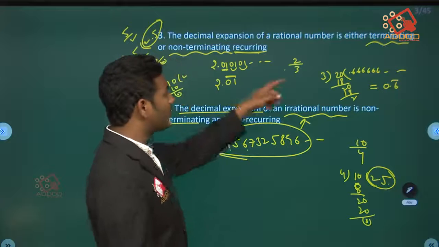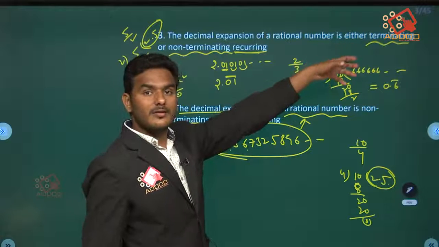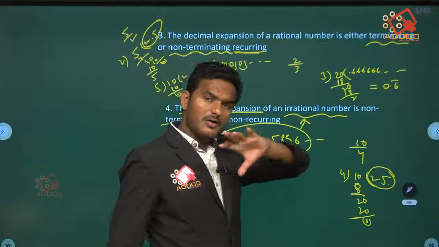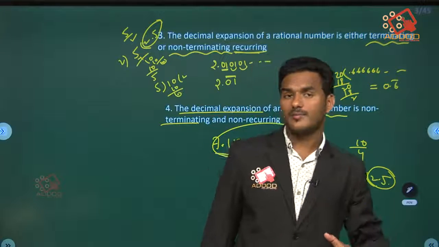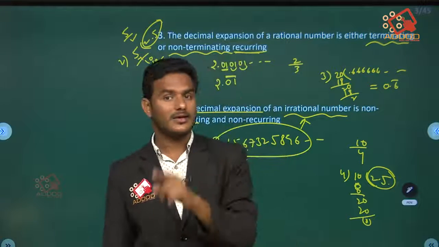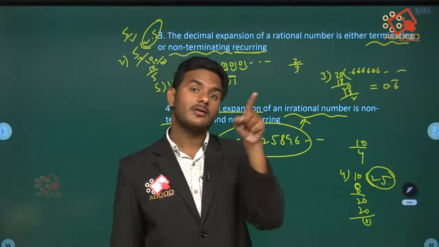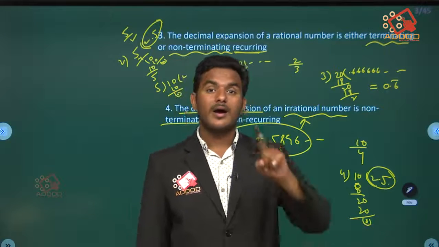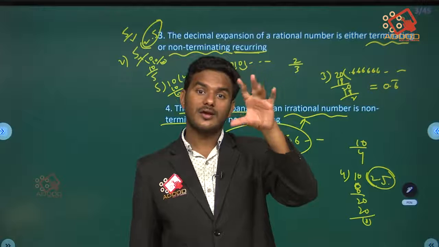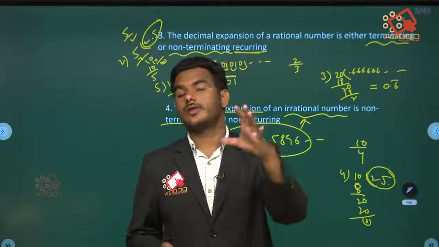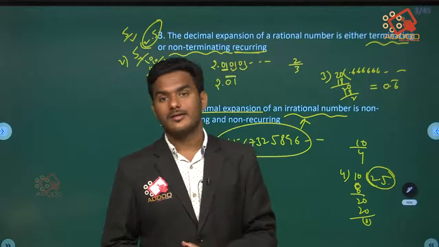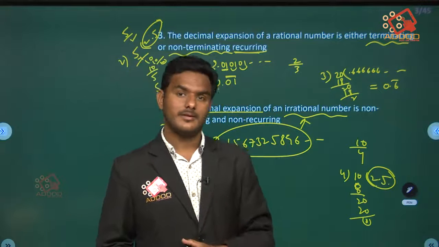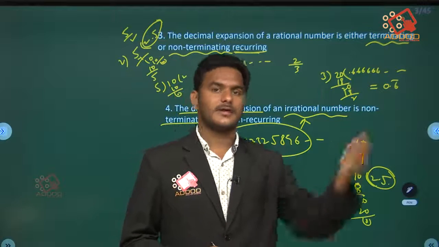But look here, 2 by 3 is a non-terminating decimal expansion. All the terminating decimal expansion numbers are rational numbers, and even though it is non-terminating, if after the decimal point only one or two digits are repeatedly occurring, those values are also called rational numbers, non-terminating rational numbers.